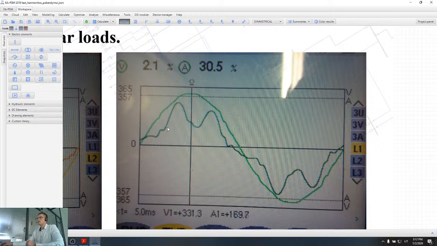You can see that because of harmonic distortion, we have much more frequent deviation of the current, represented by these two peaks. Here the voltage is also a little more distorted, and the total harmonic distortion is 2.1%. So the sinusoid is again a little distorted here.